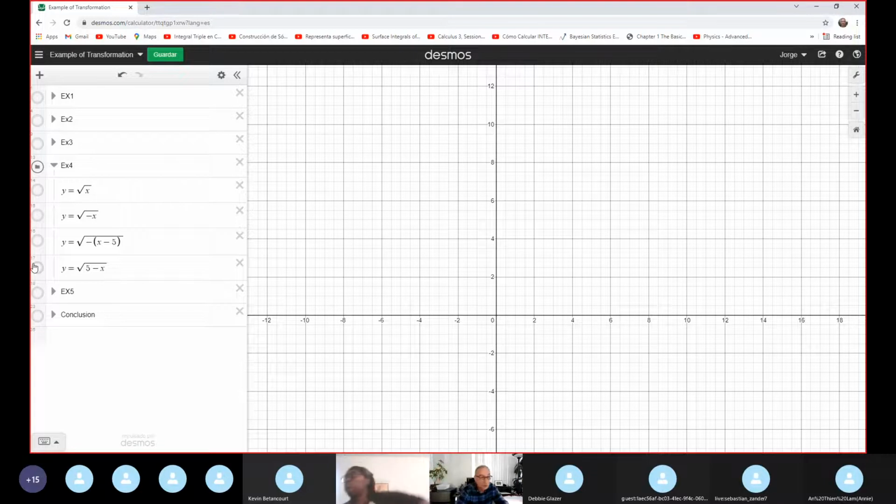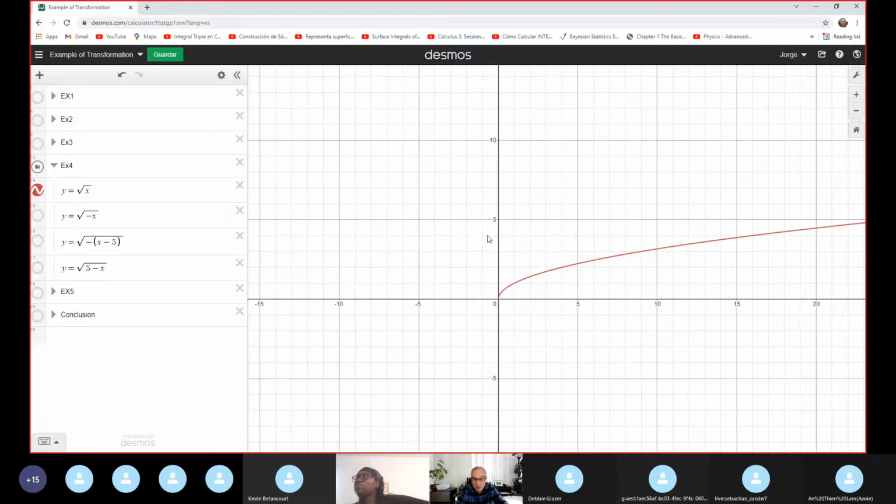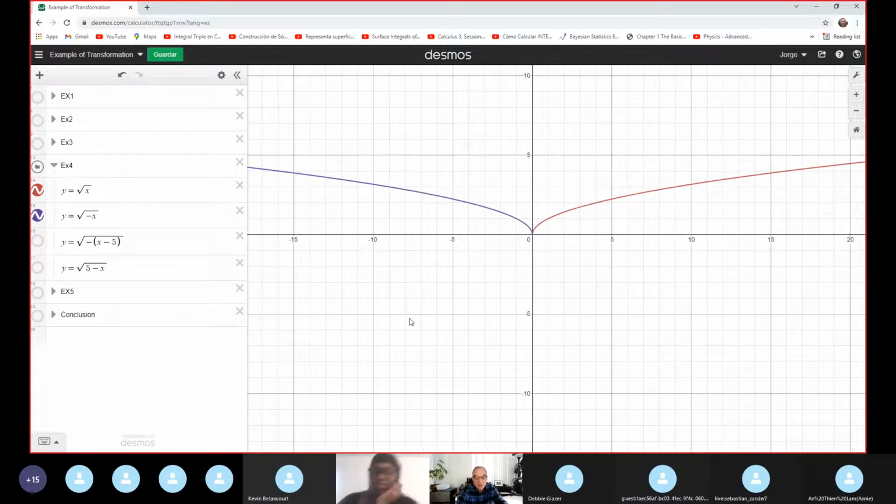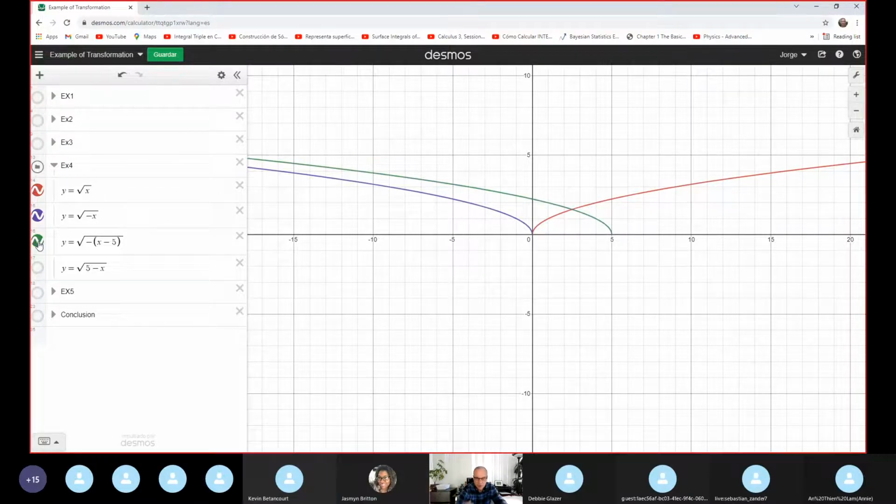The square root function is the first. Boom. I put in red color. Now, reflection. Boom. This is reflection about the y-axis. Okay, and finally, -5. Boom. It is horizontal. So horizontal shift, 5 units to the right.